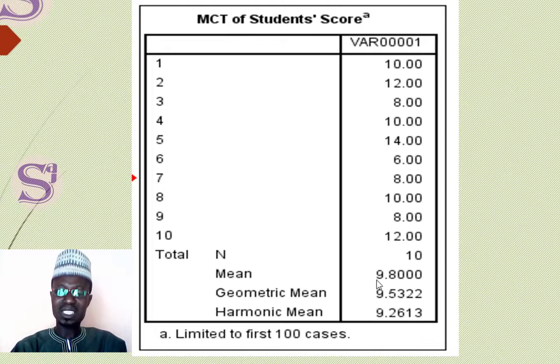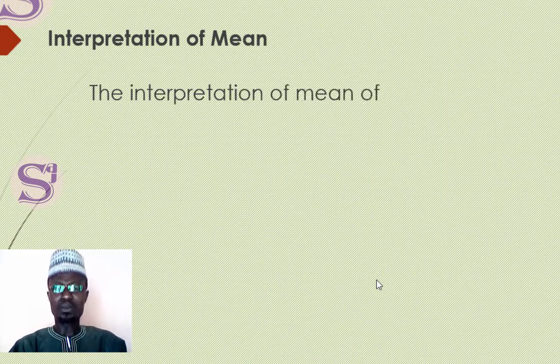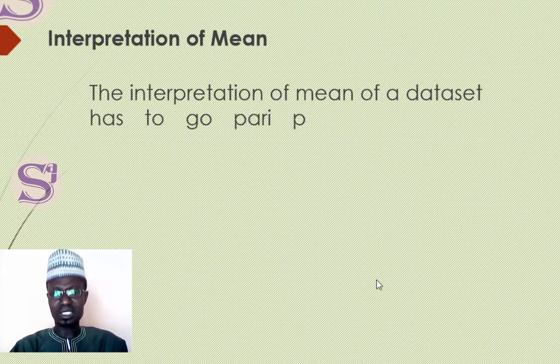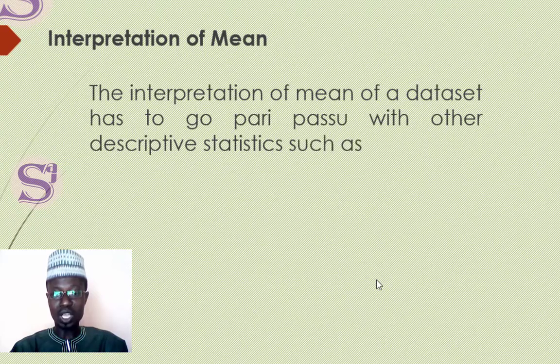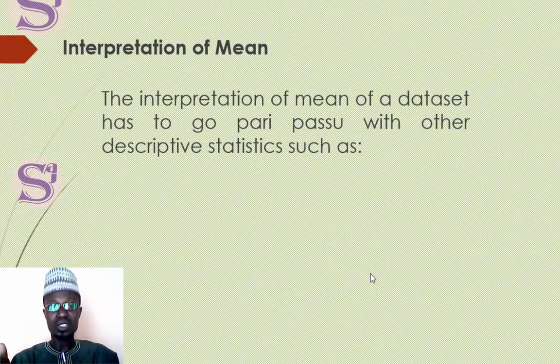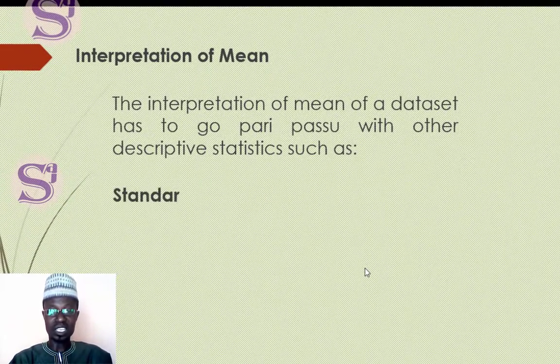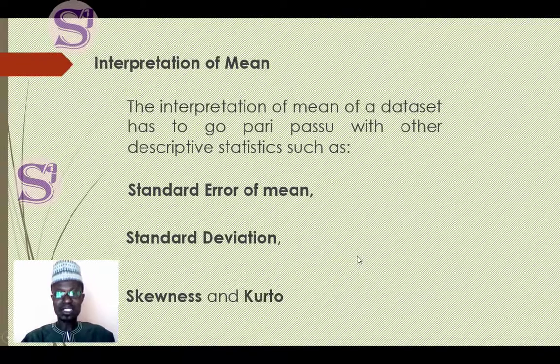So how do we now interpret that mean? The mean doesn't mean anything because we only summarize the data so that it will be useful. However, in order to practically interpret our mean, it is better we go pari passu with other descriptive statistics like the standard error of mean, the standard deviation, the skewness and kurtosis.